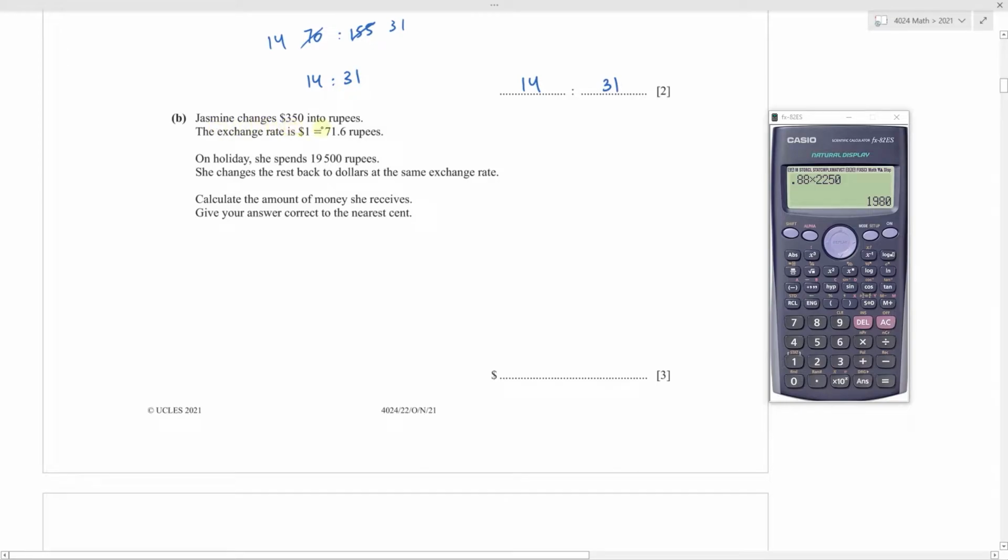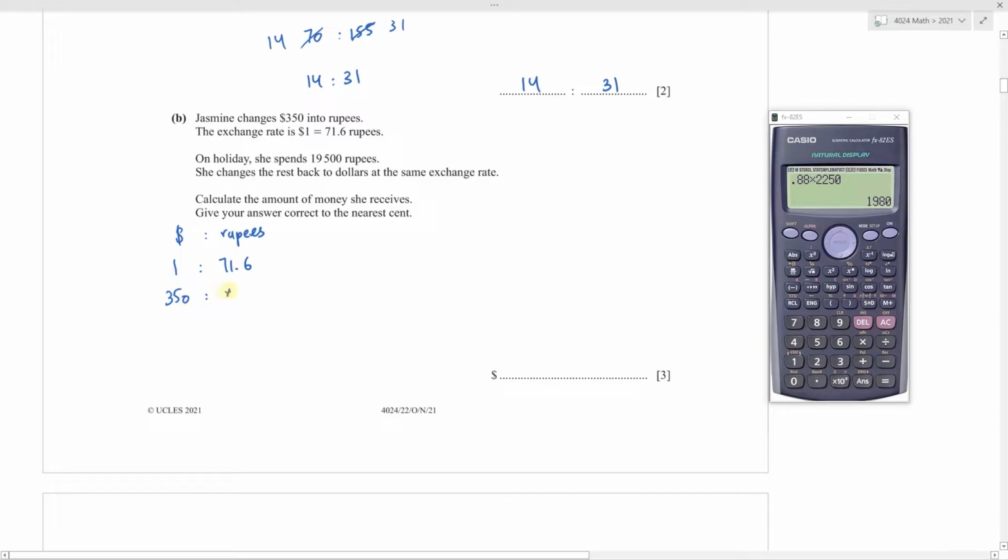Jasmine changes $350 into rupees. You're given the exchange rate. On holiday, she spends 19,500 and changes the rest back to dollars at the same rate. Calculate the amount of money she receives. So you have dollars ratio rupees 1 ratio 71.6. So she converts $350 into rupees.